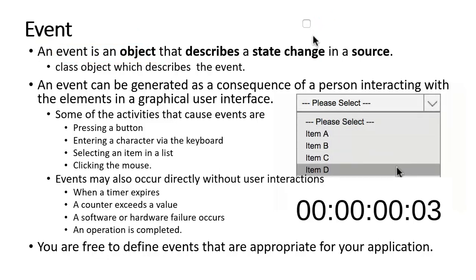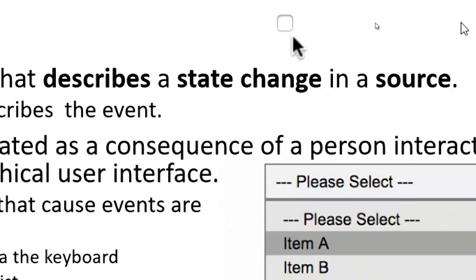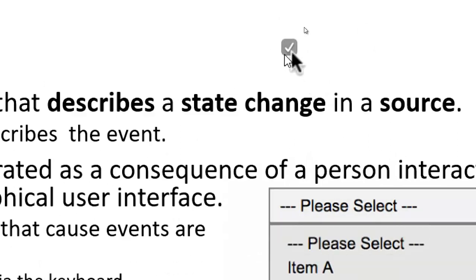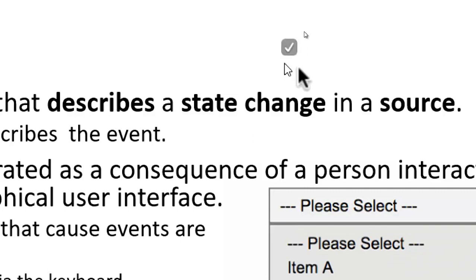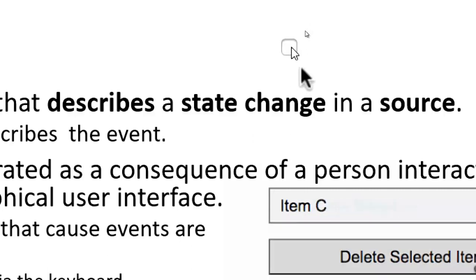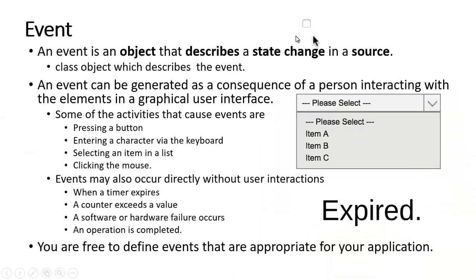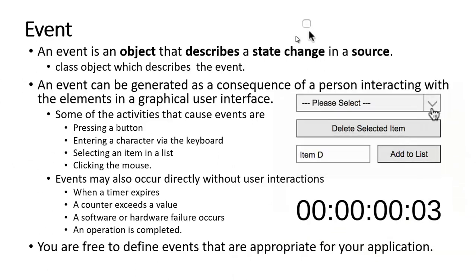To take a simple example, let's look at this checkbox. You notice as I click, its state changes. It is now checked, and when I click again, it gets unchecked. The state of that particular button changes, and that is what is described in an event.